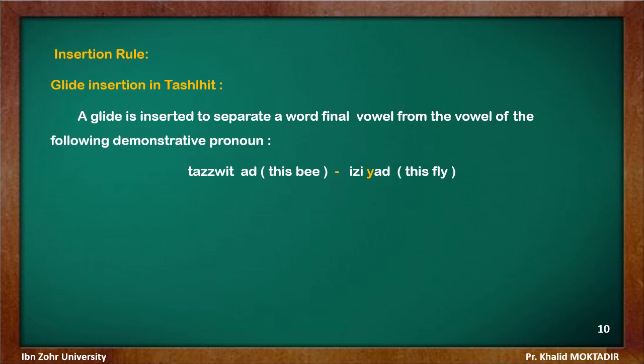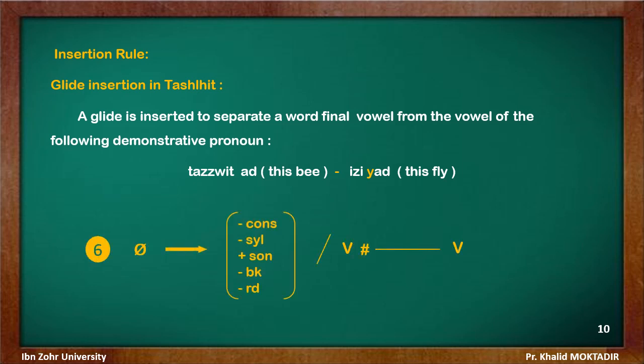In other words, when we end up having two vowels, we insert a glide to break up the vowel cluster. Look at the examples. Tazwit ed, tazwitd, and easy yed, easy ed. And of course, we insert the glide y to separate the two vowels.